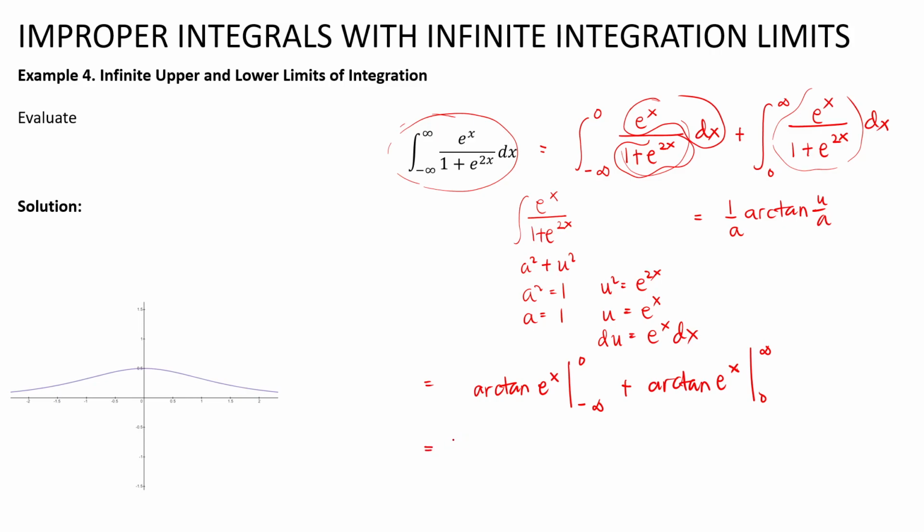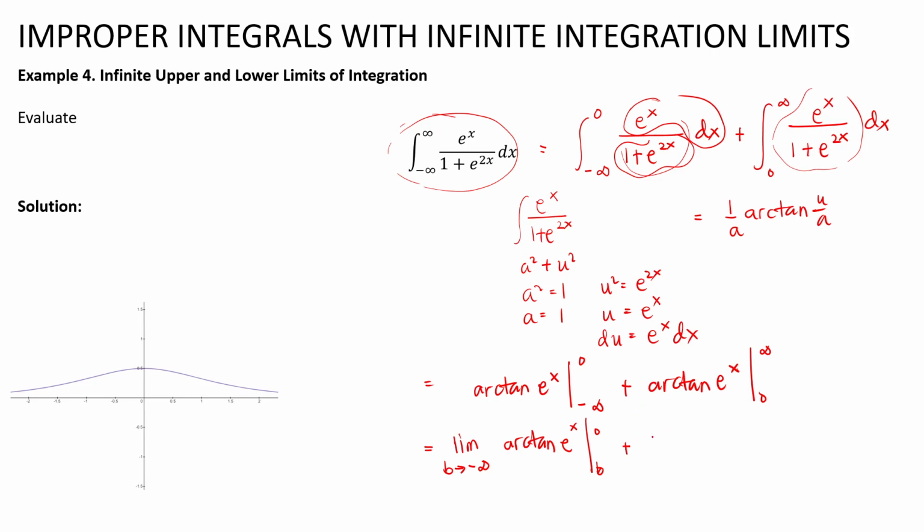Okay, so we apply the limits of integration. Since this one is e to the power of x, you bring outside first the limits of integration. So this becomes the limit of a approaches negative infinity, and then arc tangent e to the power of x from a to 0.